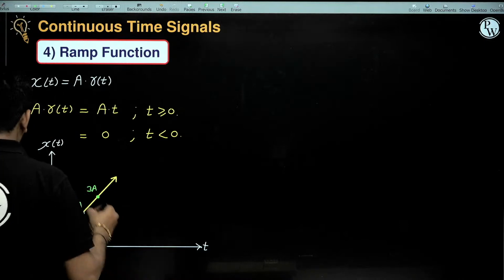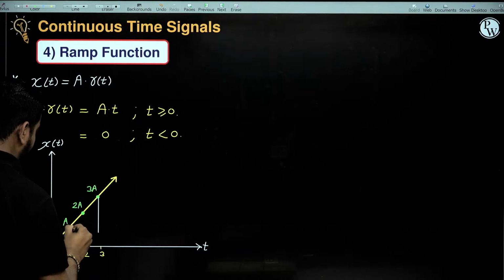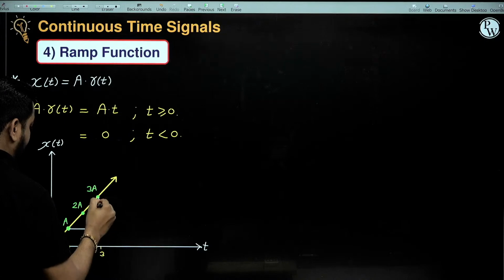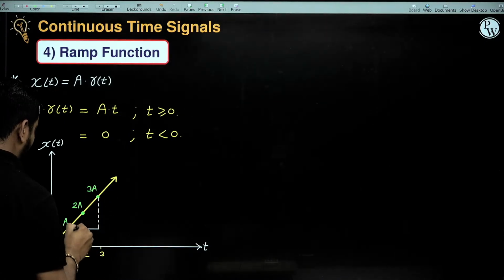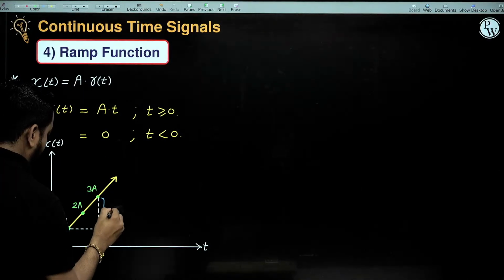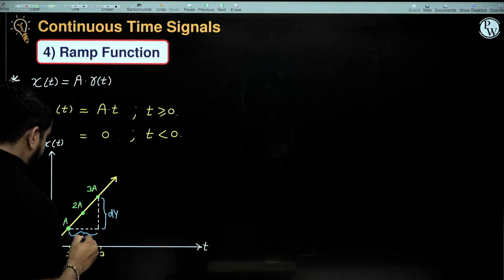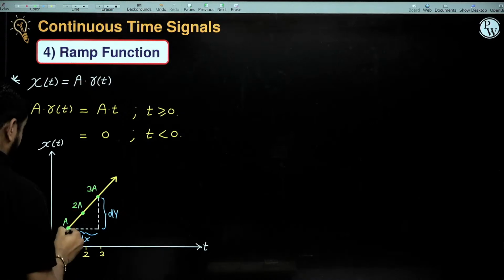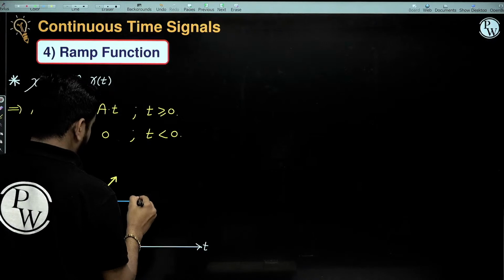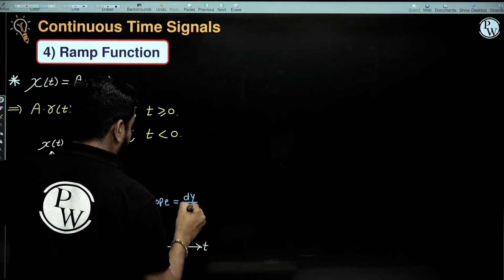If you want to measure the slope, use dy by dx, and simply find the magnitude of this slope, mod dy by dx.